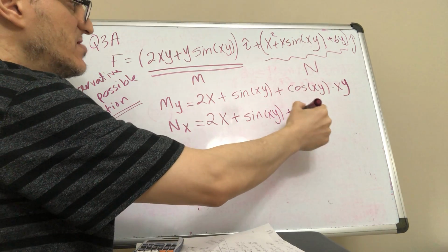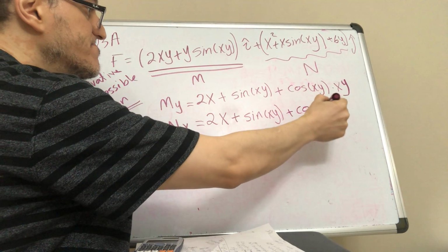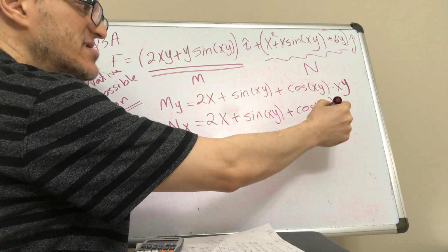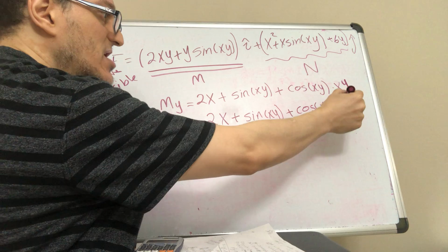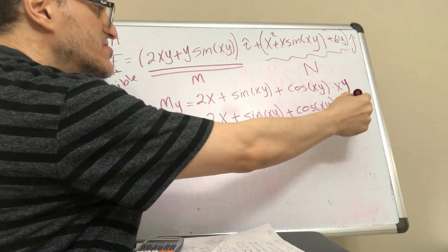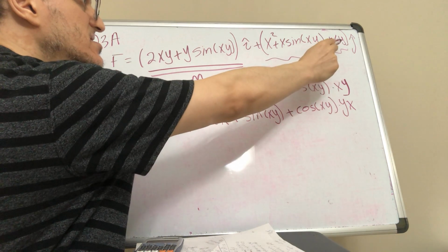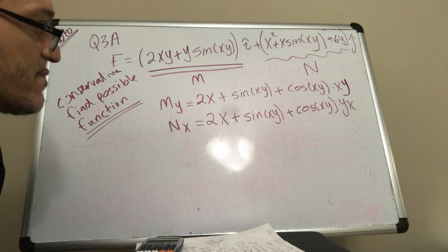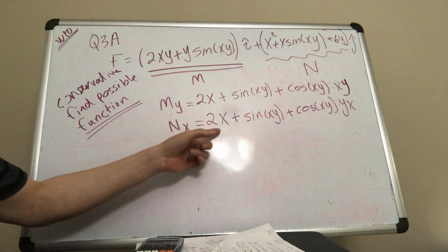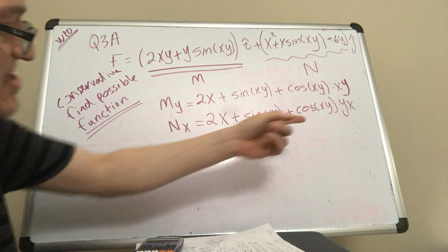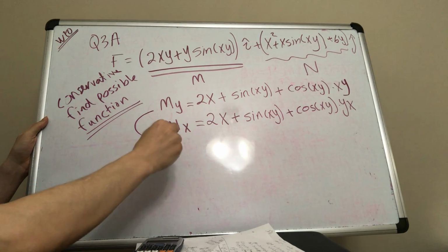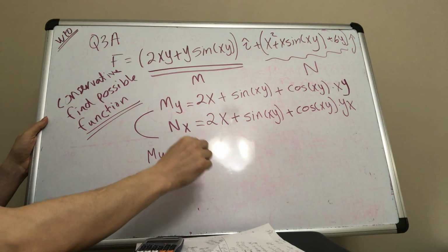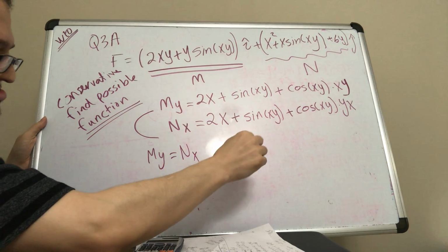The derivative of the second function is cosine times the derivative of the inside with respect to x, which is y, times the first function x, and the derivative of 6y with respect to x is 0. Are they equal? Yes. So m sub y equals n sub x, therefore it is conservative.